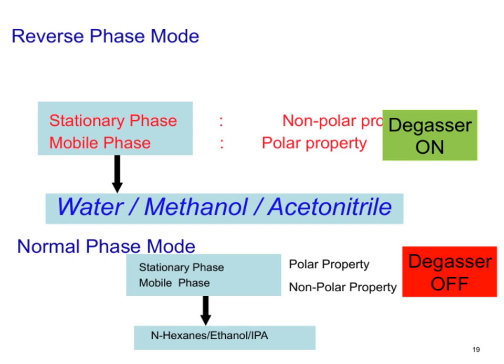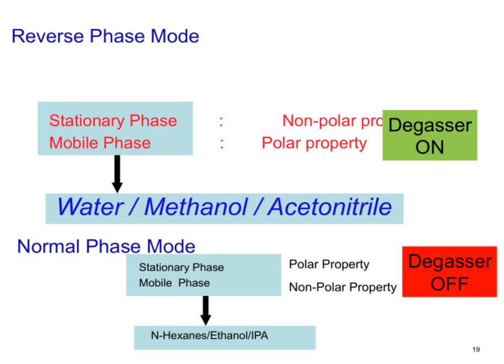Speaking of properties, it's important to understand nonpolar versus polar properties. Nonpolar solvents tend to dissolve nonpolar compounds, while polar solvents are better for polar compounds. This distinction influences how we choose our mobile and stationary phases. In chromatography, the mobile phase is the solvent moving through the system, carrying the analytes, while the stationary phase stays fixed inside the column.